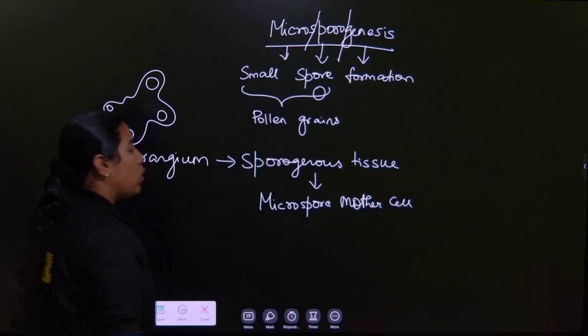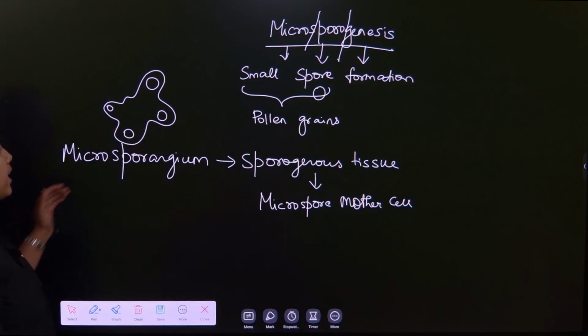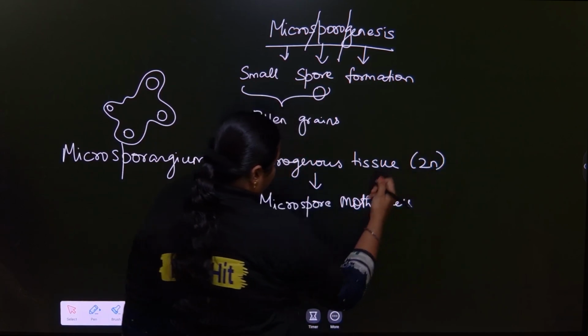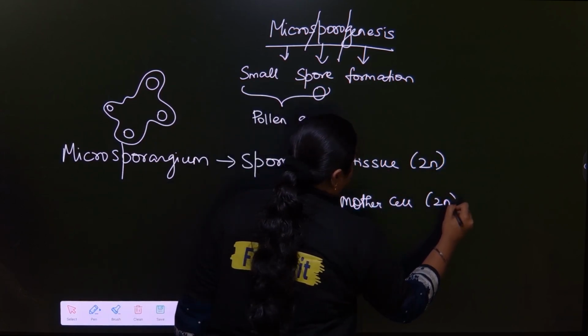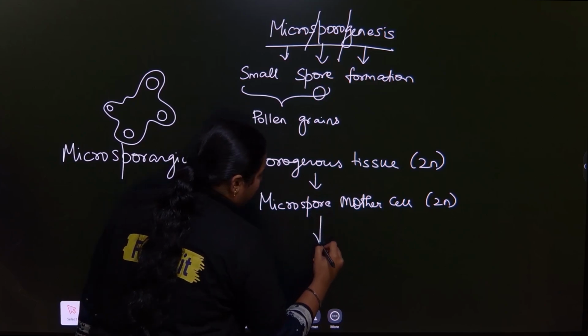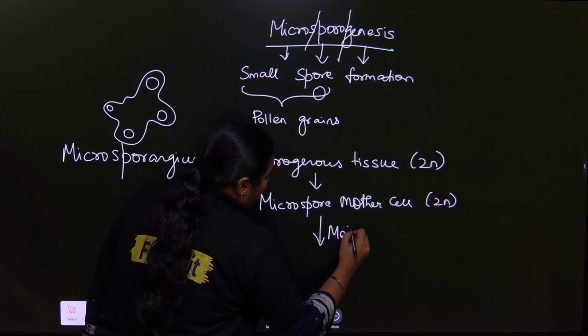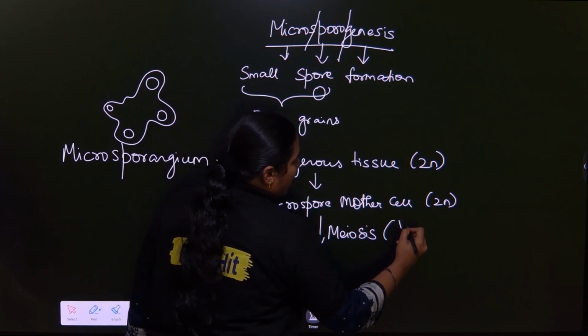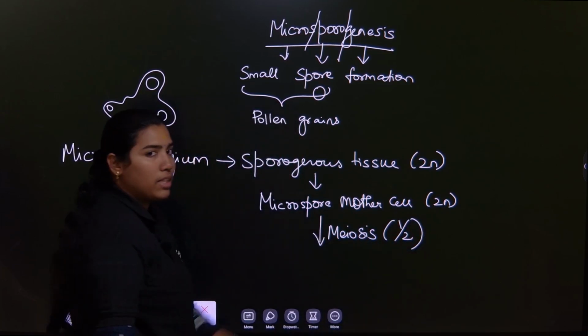Just remember, ploidy is very important. When I say sporogenous tissue, they are all diploid. Microspore mother cells are also diploid. And this microspore mother cell will undergo the process of meiosis. Remember, wherever meiosis comes, the ploidy becomes half.